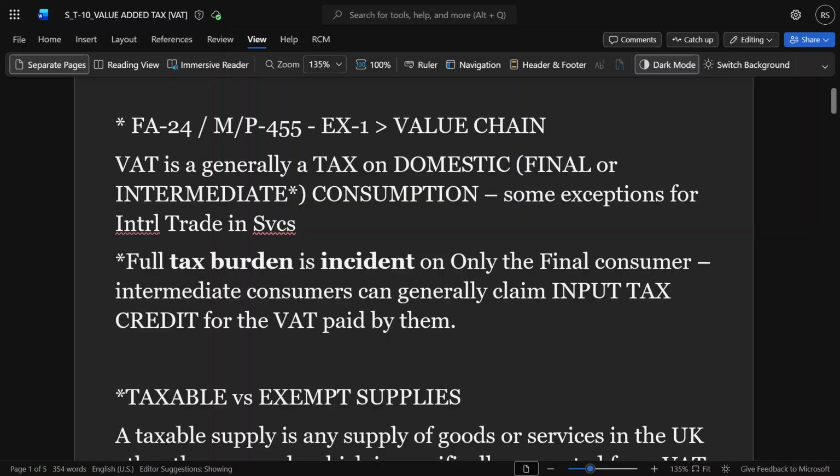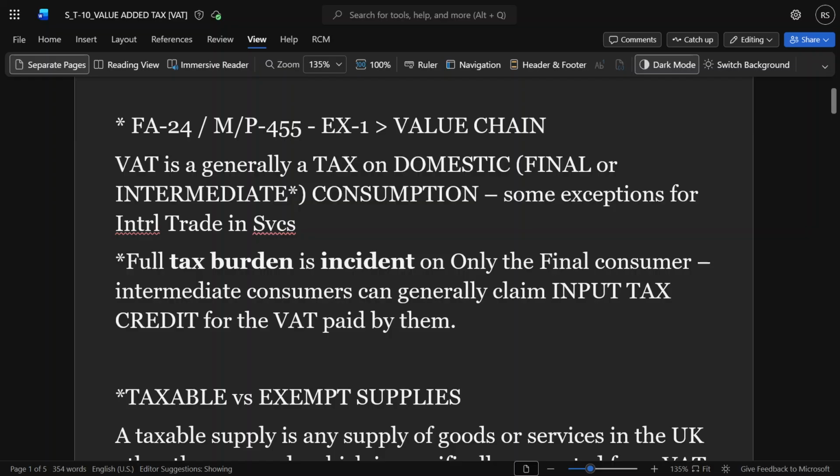Whoever's buying it is treated as consuming the goods. Now, remember domestic consumption. We are dealing with UK VAT, right? So the rule is VAT is charged on a domestic supply of goods and services, whenever there is any domestic consumption of goods and services.